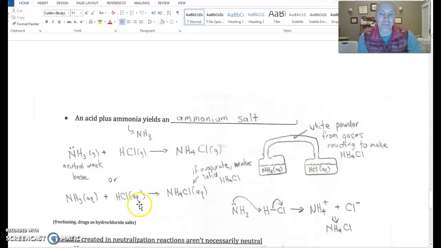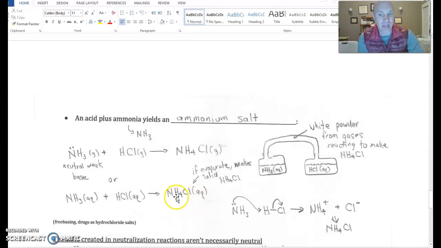Alternatively, if you just took these two solutions right here and mixed them directly with each other, aqueous ammonia and aqueous hydrochloric acid, you would end up having the same reaction occur. But you would just have these ions right here swimming around in the water, and the way that you could describe that is just say that you have aqueous ammonium chloride.